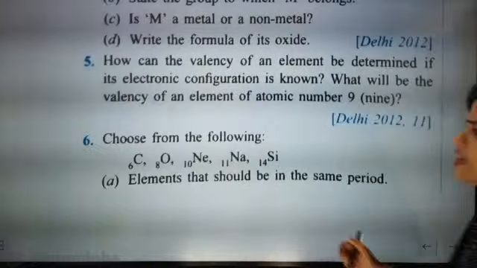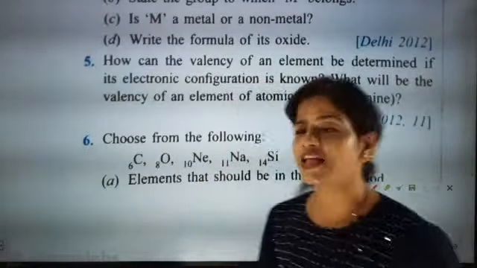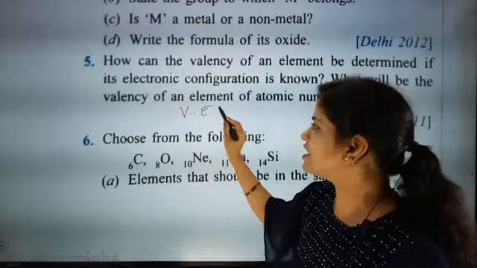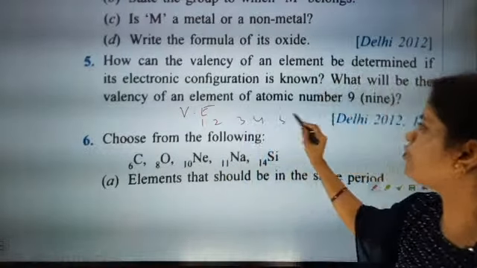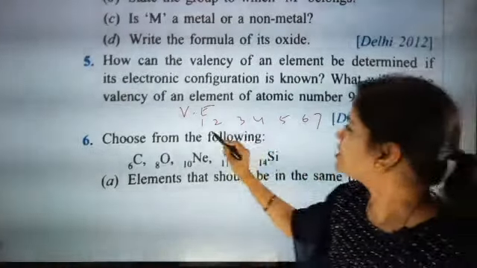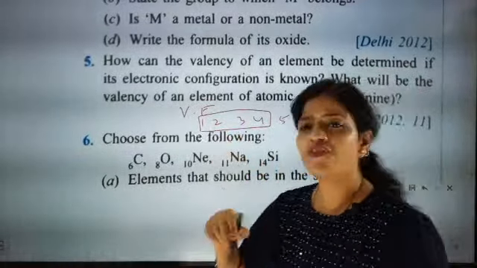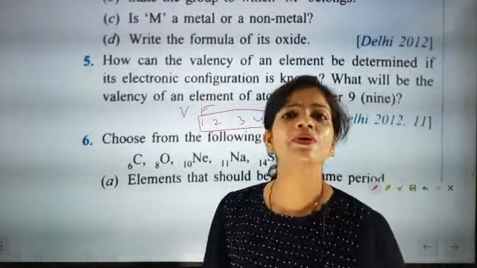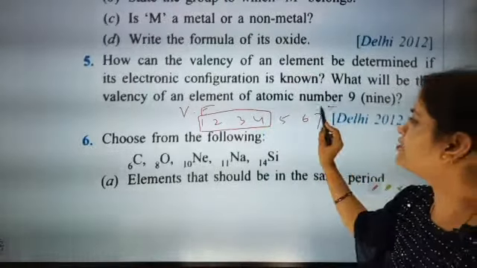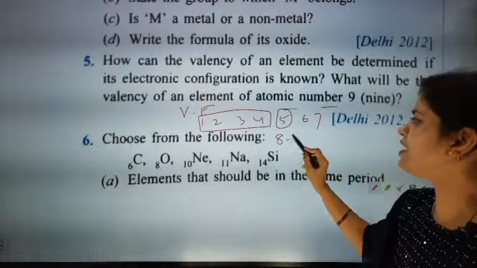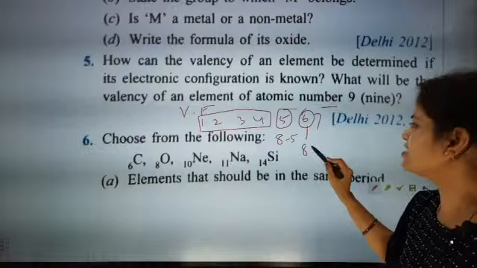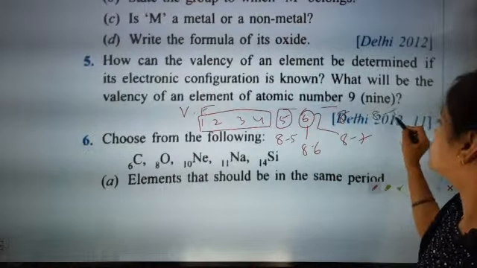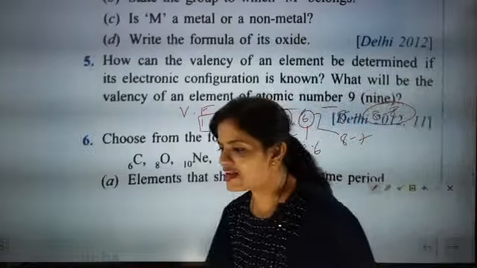The Lewis rule says that when the valence electrons are 1, 2, 3, 4, 5, 6, 7, then till 4, the number of valence electrons, meaning the electrons present in the outermost orbit, will become the valency. But after 4, it is 8 minus 5, 8 minus 6, 8 minus 7, and 8 minus 8. So valency will become like this.